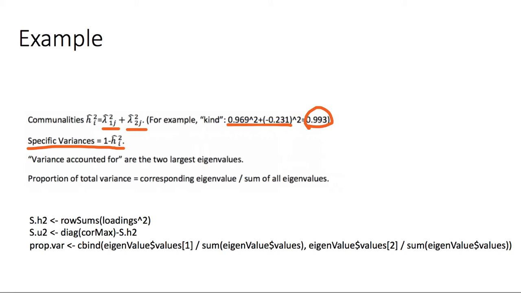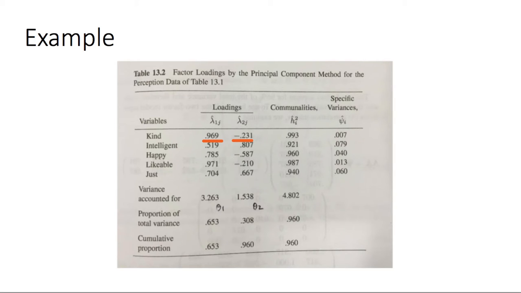And then we use the proportion of total variation, which is the corresponding eigenvalue divided by the sum of all eigenvalues. This is totally the same as the PCA, which we learned before. After you get the loadings, you can calculate the communalities and the specific variances that couldn't be explained by the factors.